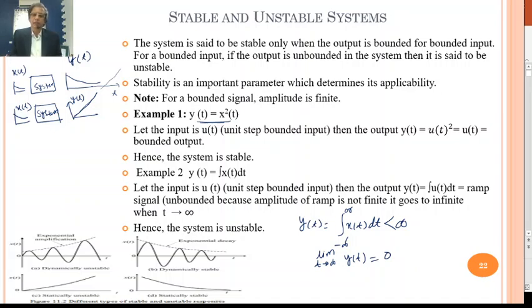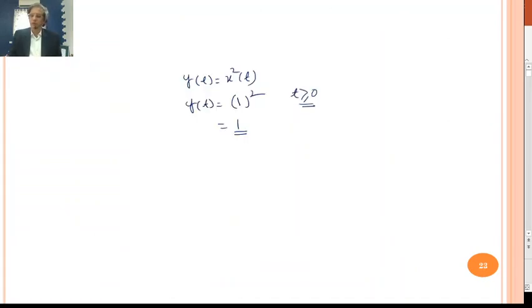The second one is y of t equals integration of x of t, and this signal is a unit step signal.